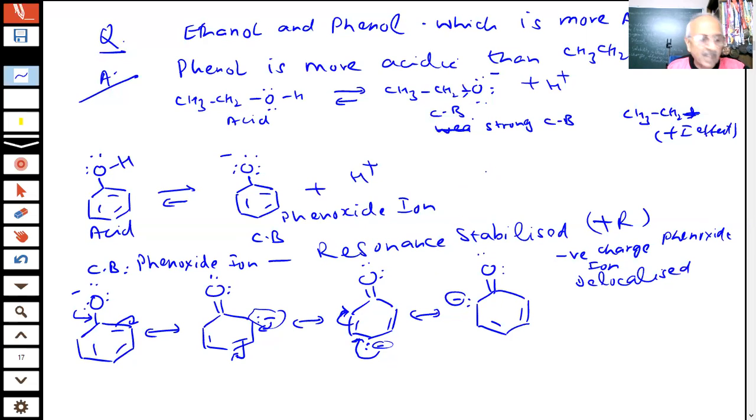If you will see the pKa values, for ethanol the pKa value is around 15.9. And if I see phenol, the pKa value is 10.